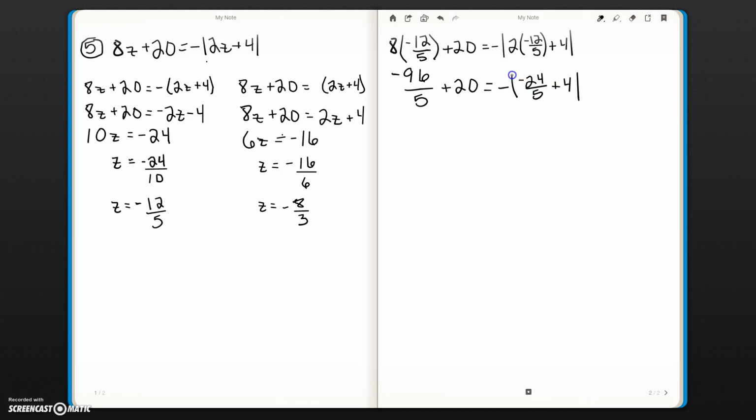Okay, so absolute value. If you want to get a common denominator, you're going to want to multiply this 20 by 5, so multiply the top by 5, and the same thing here, multiply by 5.